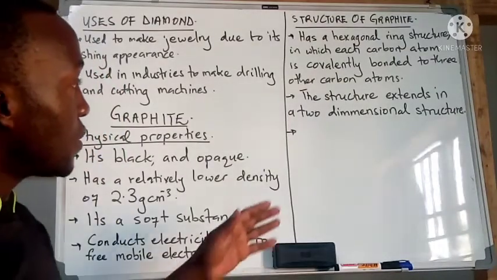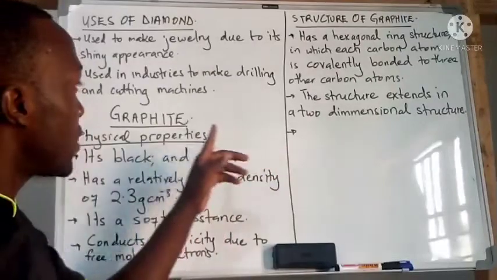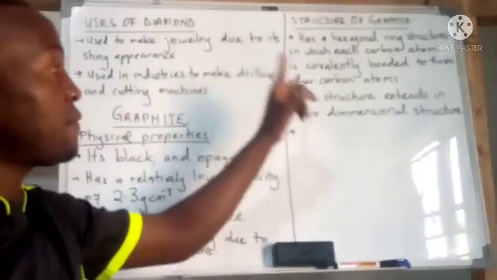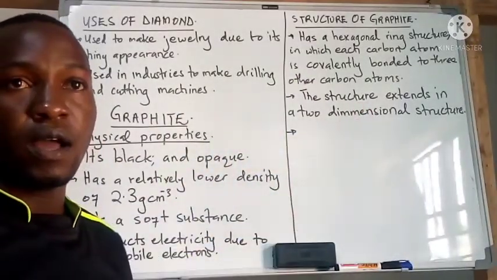So instead of being 3-dimensional like diamond, graphite is a 2-dimensional structure.